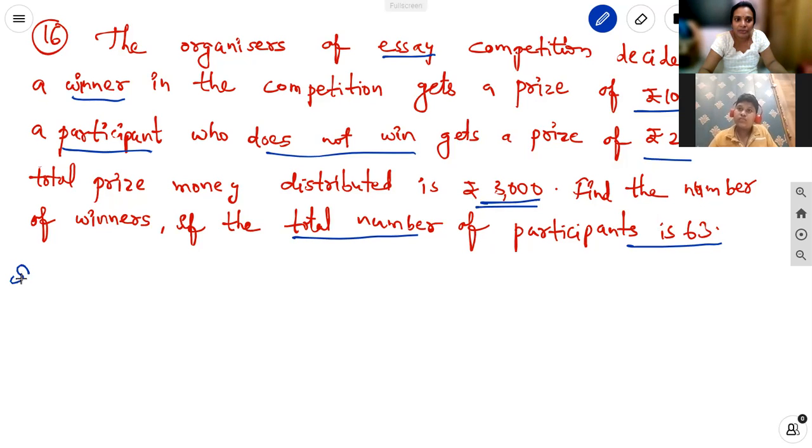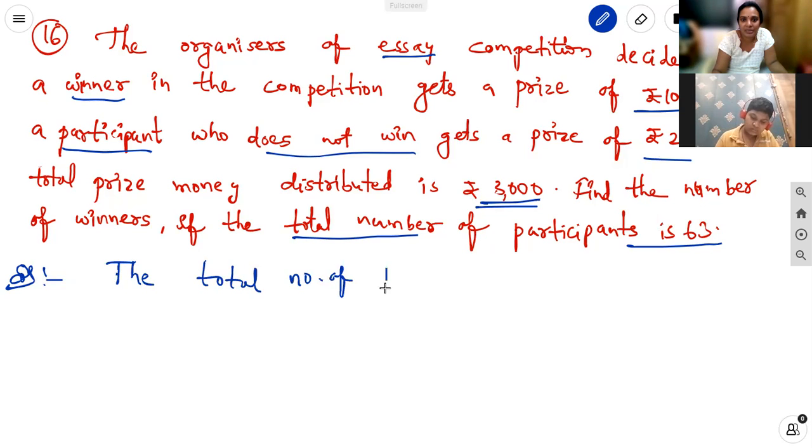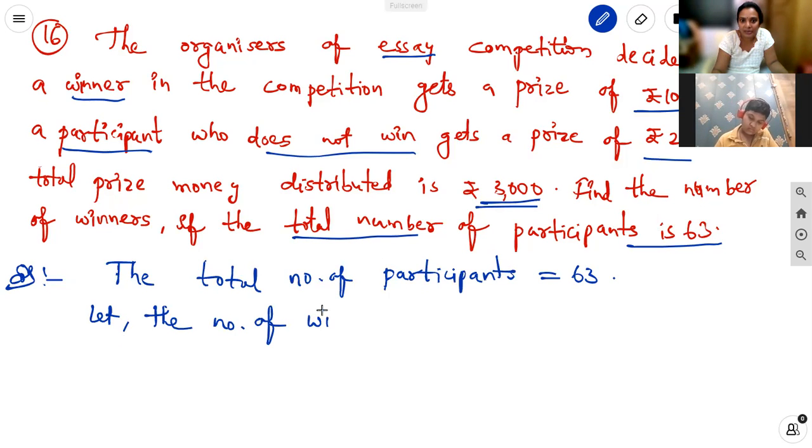Okay. Now we can take the total number of participants equal to 63. In that, we don't know the number of winners. So let the number of winners equal x.